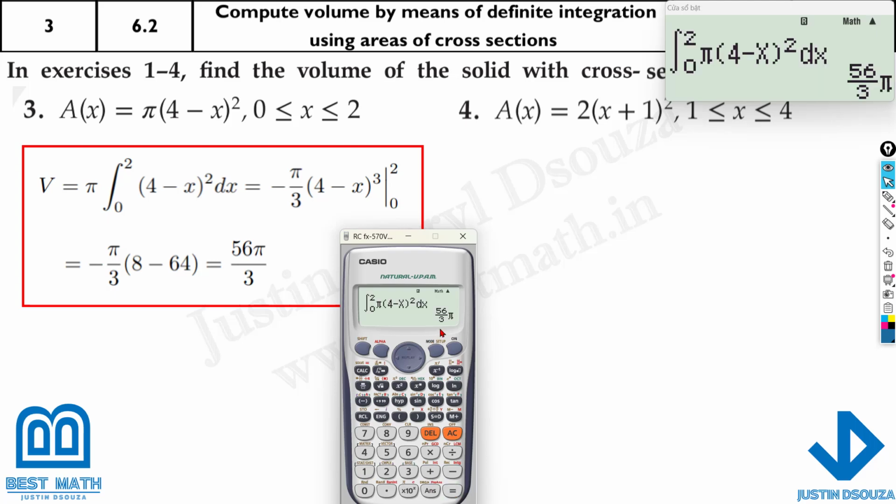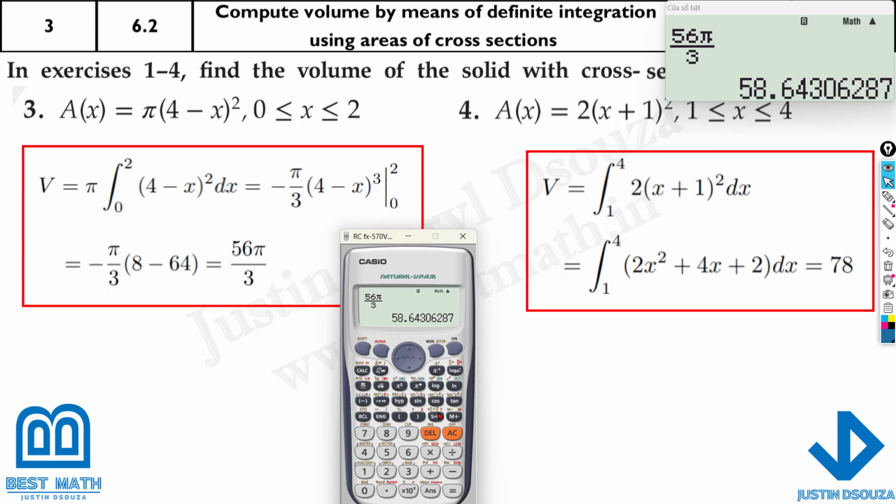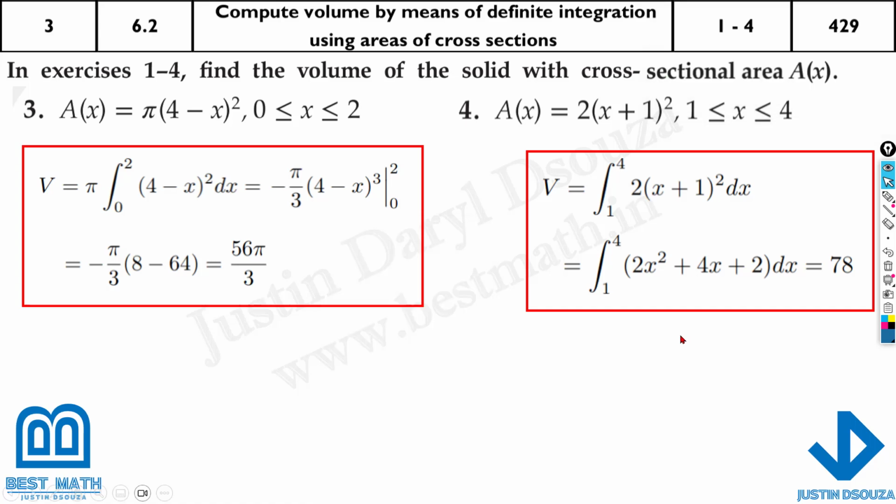And the answer is 56 by 3 pi or 56 pi by 3, it's the same thing. Sometimes you might have the answer in terms of 58.64, then solve this up. If you type 56 pi divided by 3, the answer will be 58.64. That's how you can easily solve it up, and we did this a while ago.